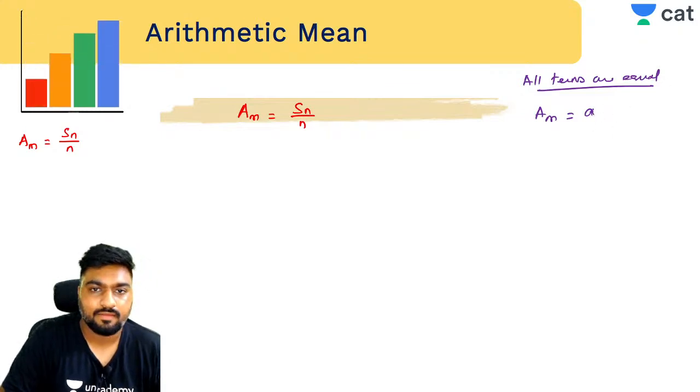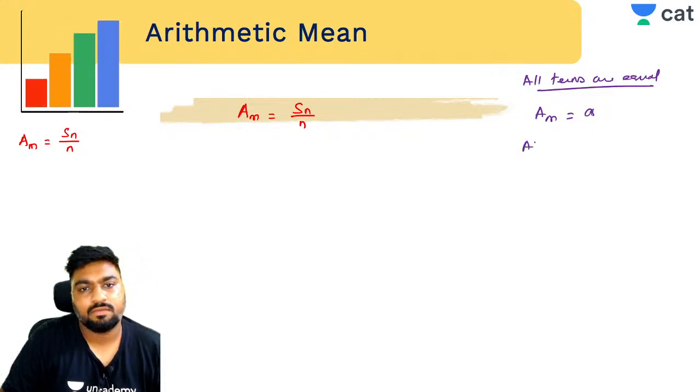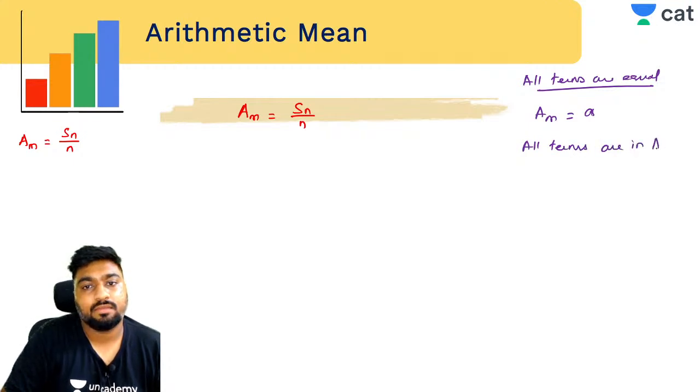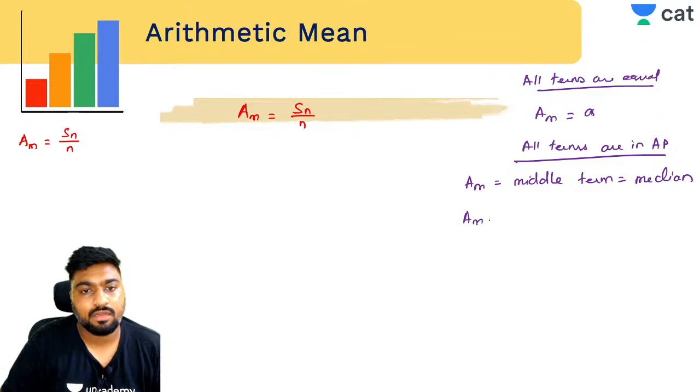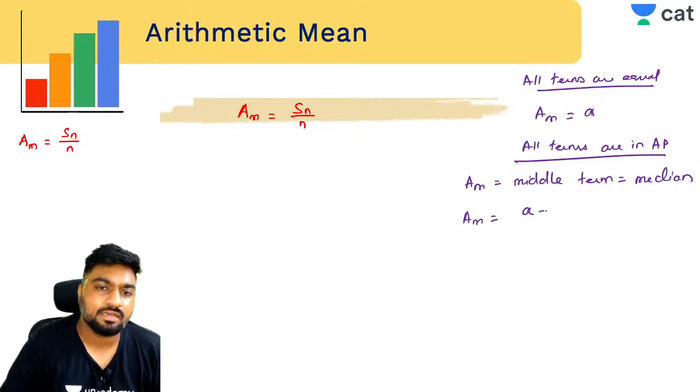If all terms are in AP, arithmetic progression, then the middle term is going to be your arithmetic mean, which is nothing but your median. Your arithmetic mean will also be the average of the first term and the last term, first term plus last term by 2.